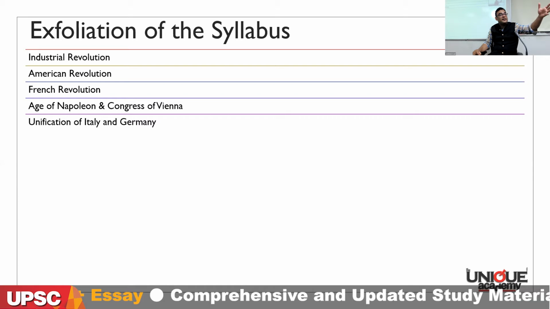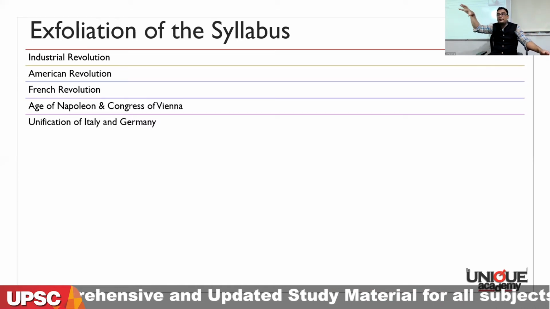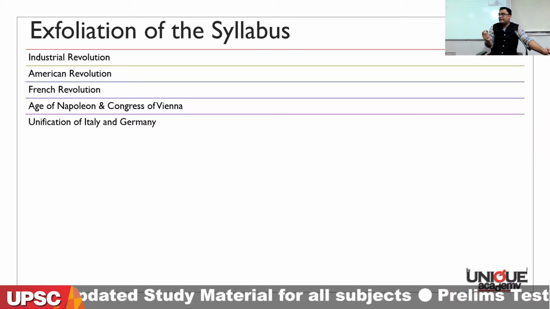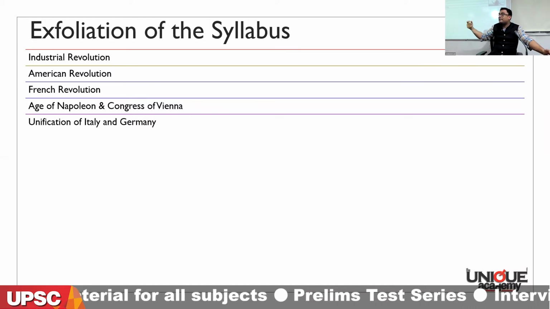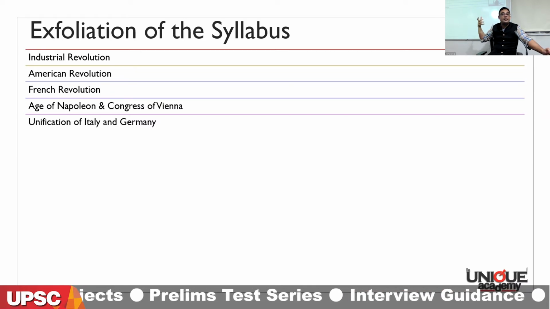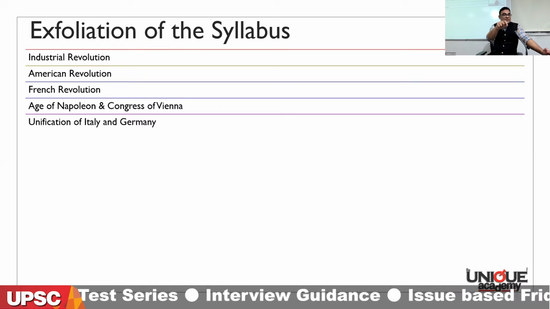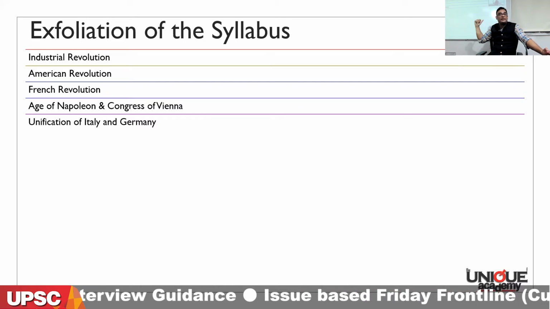The Germans were divided into 39 different states, and the Italians were spread across 7 different states. Their feeling of nationalism is ignited, and they go on to struggle to establish a united German and Italian nation state.